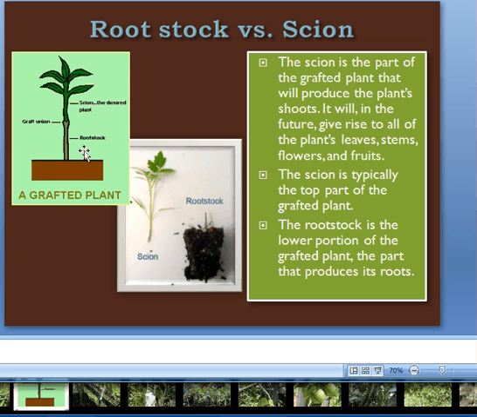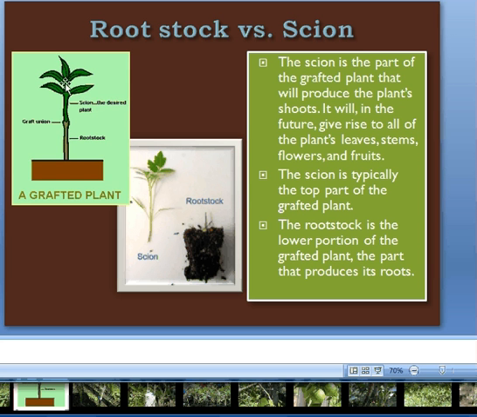As you can see here, there are two pictures showing the same thing. Here's the scion, the desired plant that you're going to want to grow. And what they do is graft it on right here, and the part that they graft it onto, they call the rootstock. So the scion is the part that you're going to be grafting onto the rootstock.